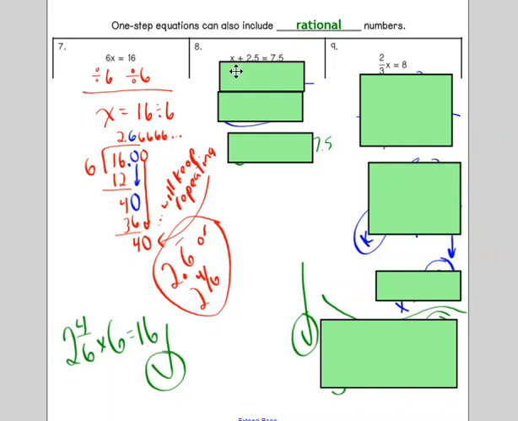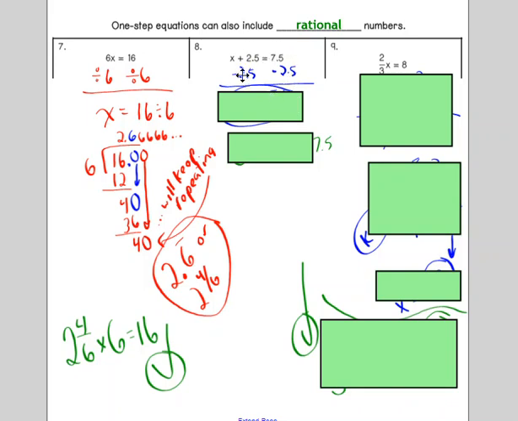This next one up here, if I look at number 8, I want to add 2.5 to the variable. So to undo that, I do the inverse operation of adding 2.5, and that would mean that I take away 2.5 from both sides. Again, that idea of balance. Keep things balanced. What you do to one side, you do to the other.